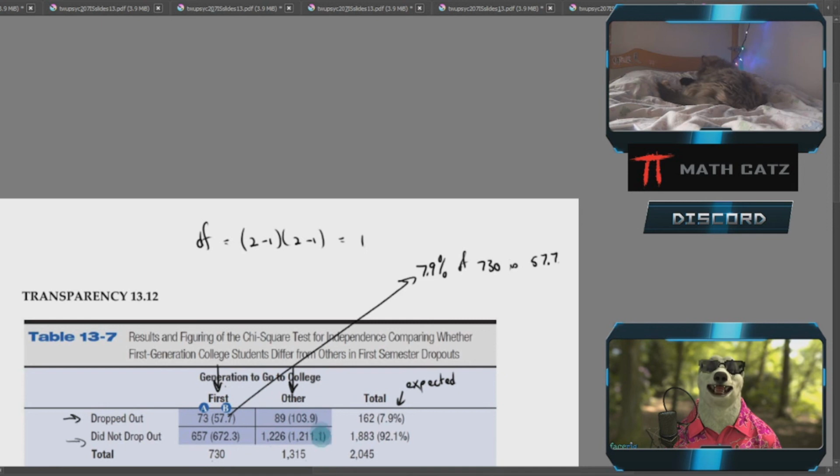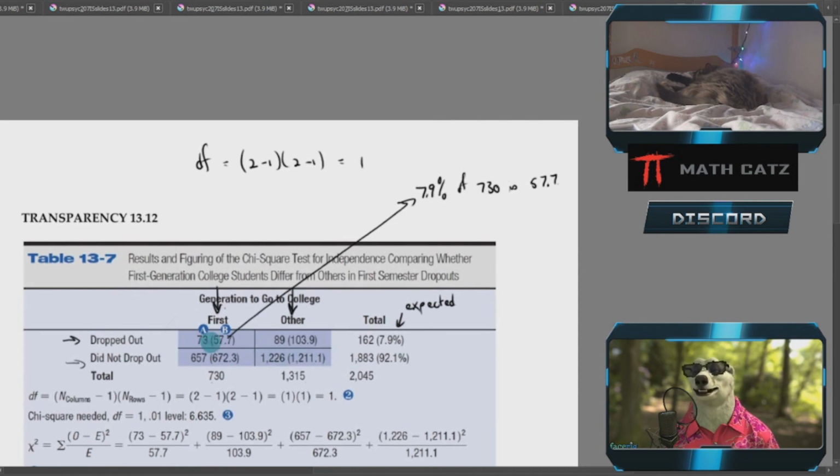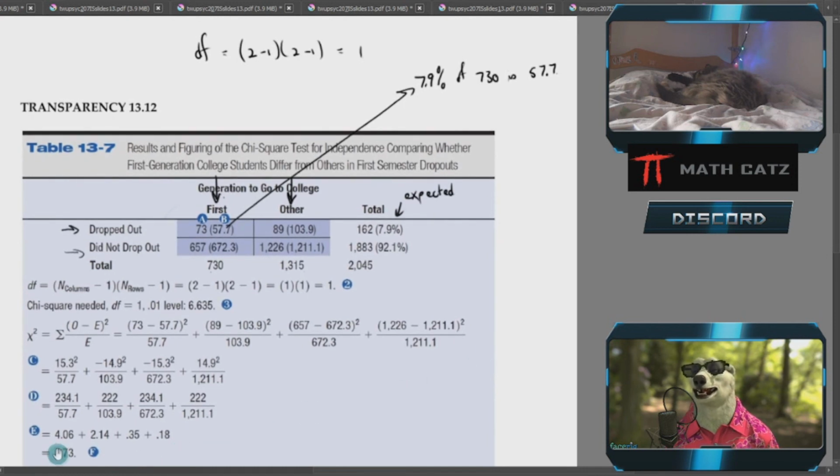So I calculate the numbers I expect, and then these ones in the blue shaded cells, the observed versus expected, are the ones I use to calculate my chi-squared statistic, where I look at observed minus expected, squared, divided by expected, every time for 4 of them. Add them up, and I get 6.73.